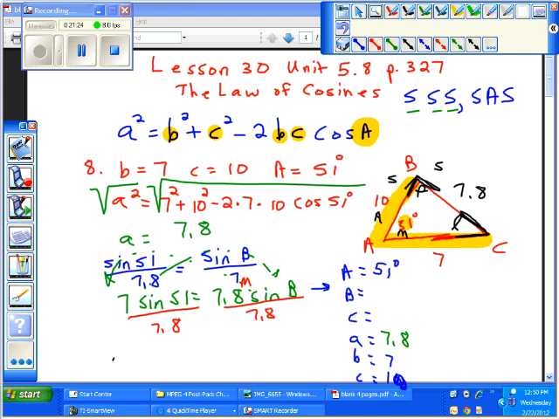And so I would have, I'm just going to rewrite it, sine angle B equals 7 sine 51 over 7.8. I undid the multiplication by division. Now I'm going to undo sine with arc sine.